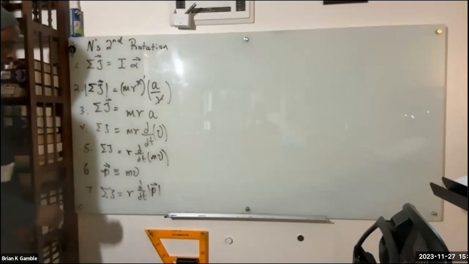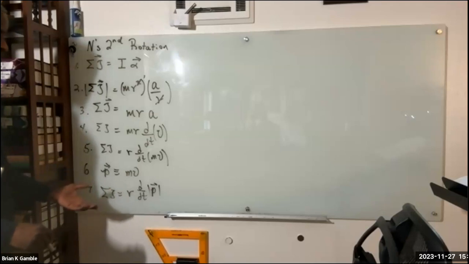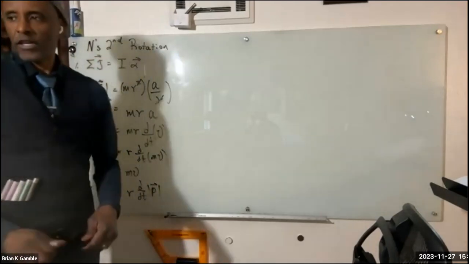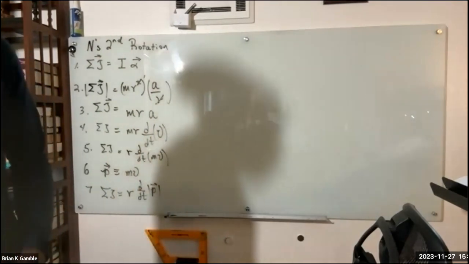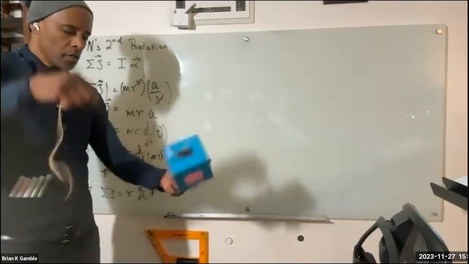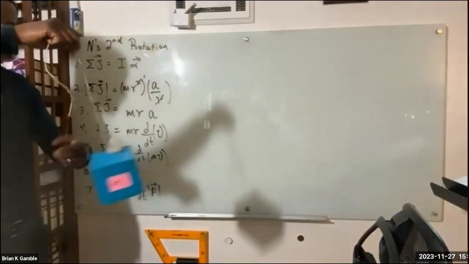Now, oftentimes when we're in rotation, we've been keeping R constant. So for example, if I have an object that's twirling around, technically the radius, the radial vector, is the perpendicular distance.